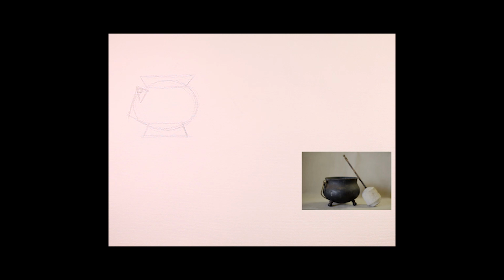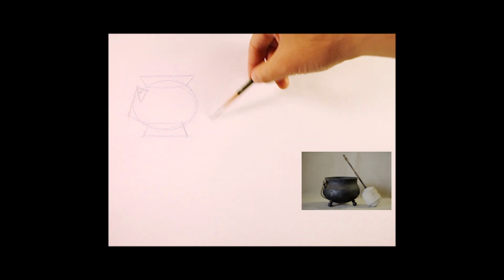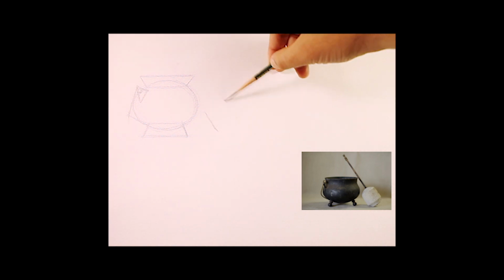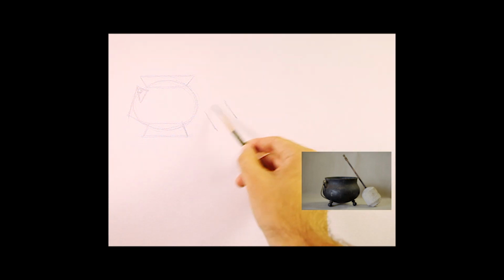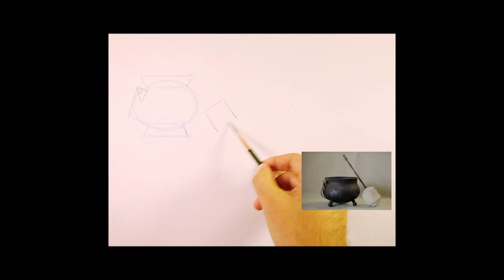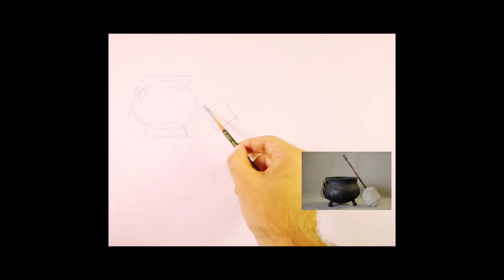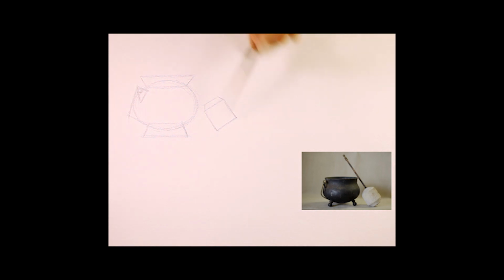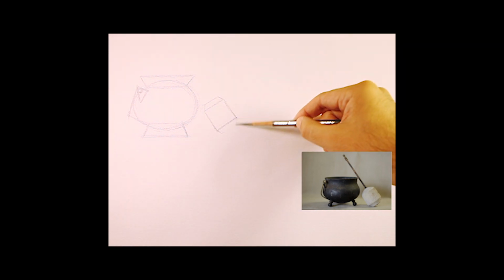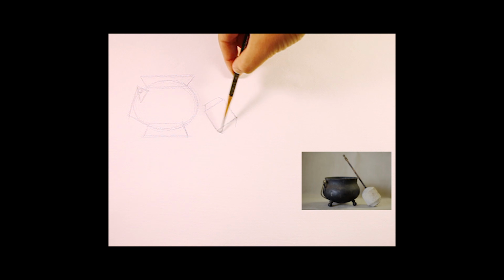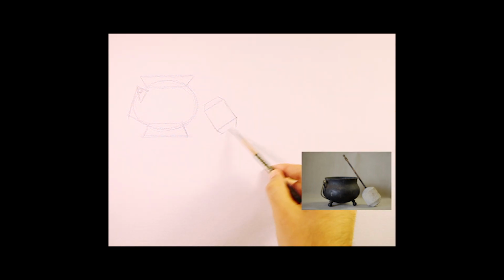Now looking at the other part of the object, what we see is a rectangle. For the biggest shapes, the next thing I see is two trapezoids. Now for the handle, it is a stick.